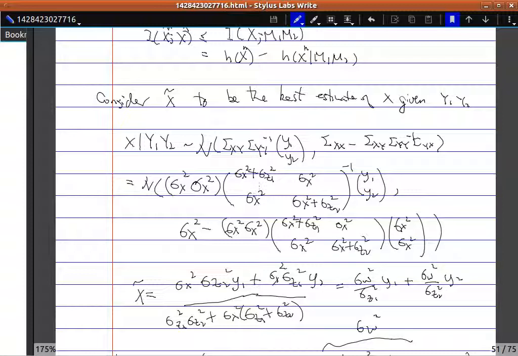So this sigma yy is the expectation of y1 y1, y1 y2, y2 y1, and y2 y2.